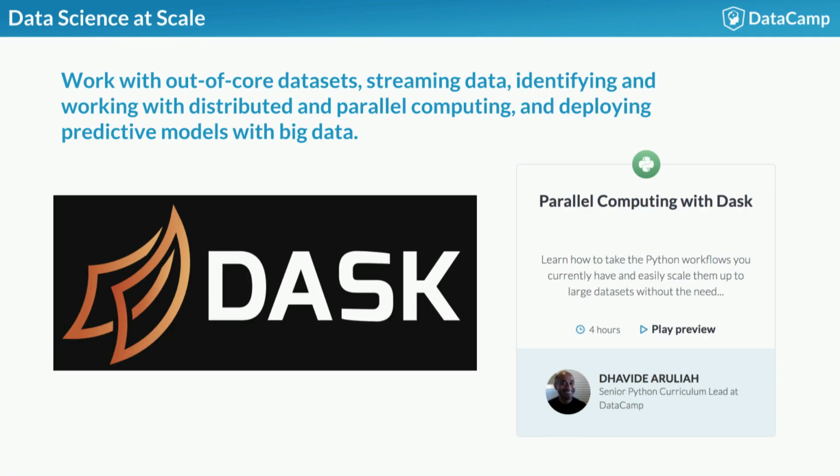Data science at scale covers working with large data sets, working with data out of core, streaming data, distributed and parallel computing. Dask is heavily featured in this module, and we've also recently developed a course, again in partnership with Anaconda, around parallel computing with Dask.